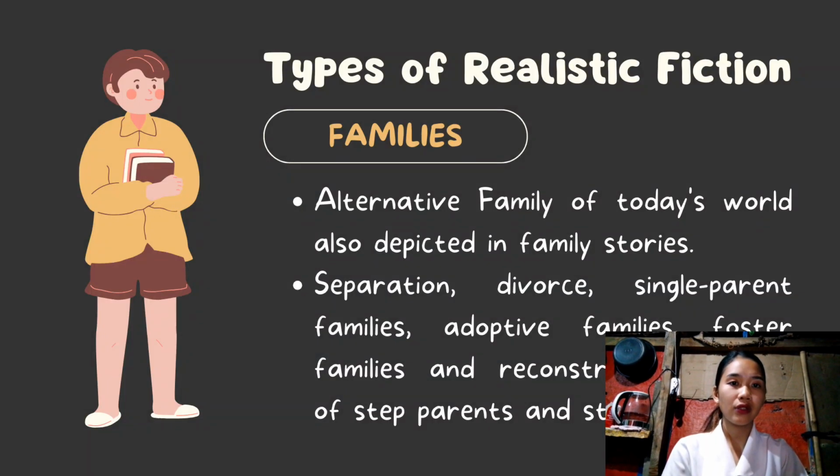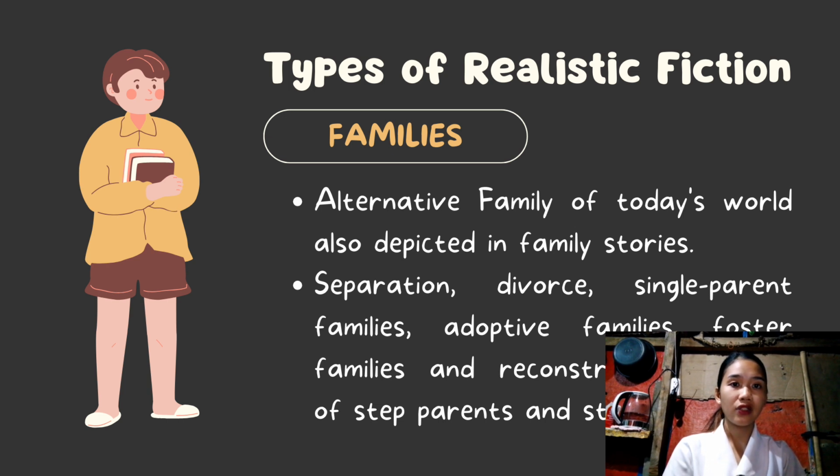The other definitions of families as types of realistic fiction: first is the alternative family of today's world, also depicted in family stories. Alternative family structures in modern stories often reflect diverse families like same-sex, single-parent, or blended, to emphasize that love and support, not traditional norms, define family bonds.